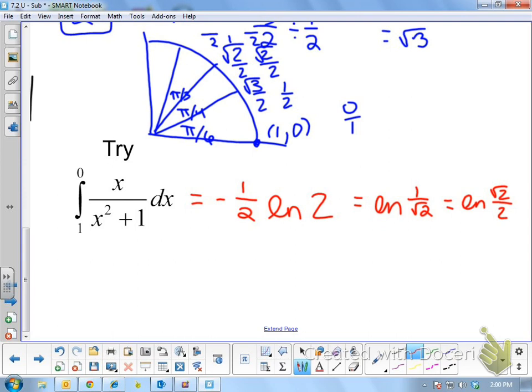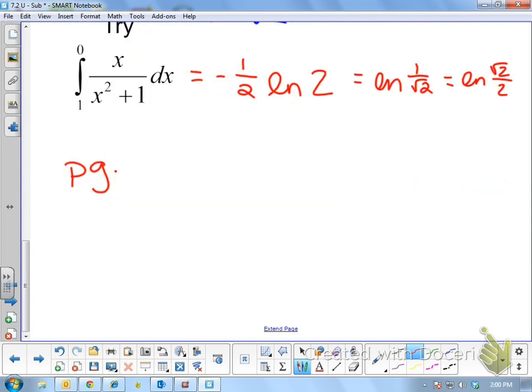So assignment-wise, your assignment is page 343, 53 through 67 odd, and 71.